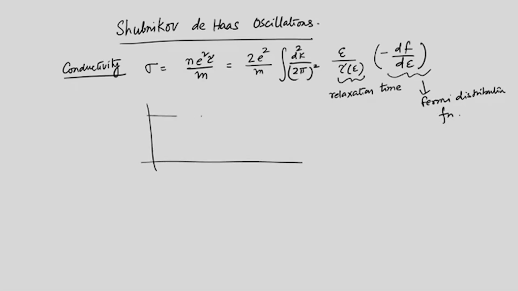So, this is f and this is f of epsilon, and this is epsilon, and this is, say, for example, mu or epsilon f. Otherwise, it is equal to 1, but at this point there is an infinite discontinuity which can be written as a delta function. So, this is where this thing is coming from, and this energy relaxation time is an energy dependent quantity.